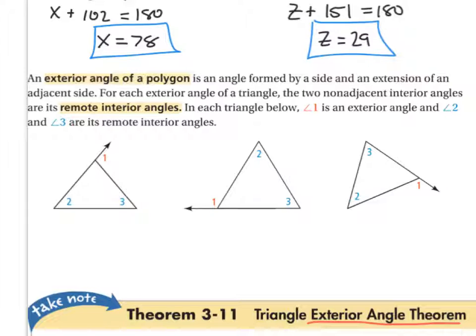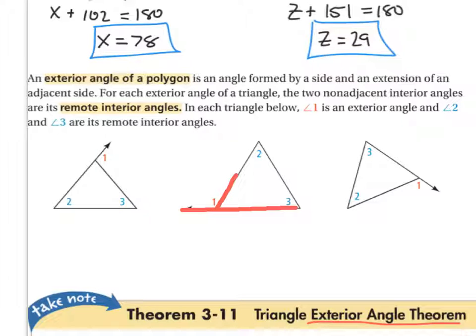So all they're saying is, if I take a side of a polygon and extend it out, and then the side next to it there, it's forming an exterior angle. Angle 1 there is an exterior angle. It's outside the triangle. That's why it's called exterior. Okay?